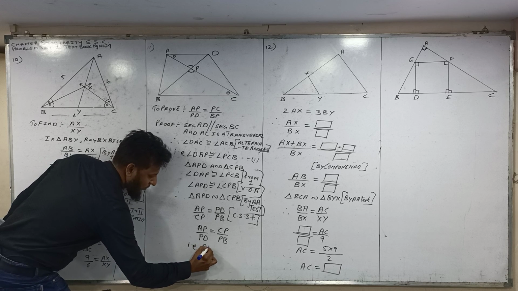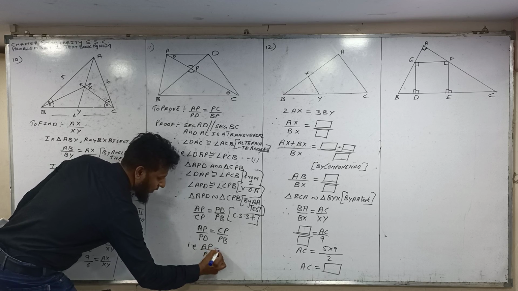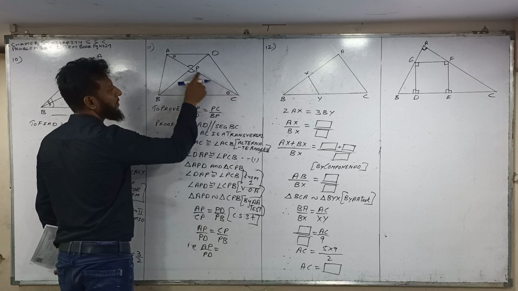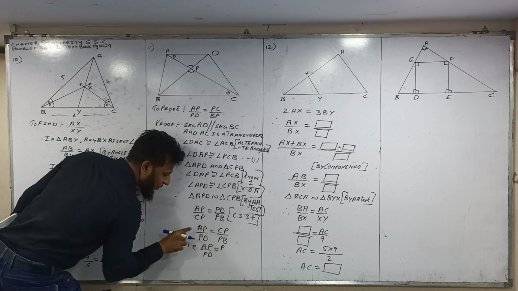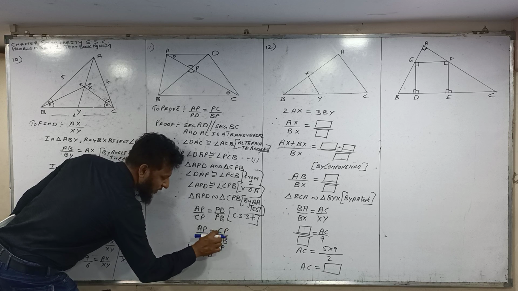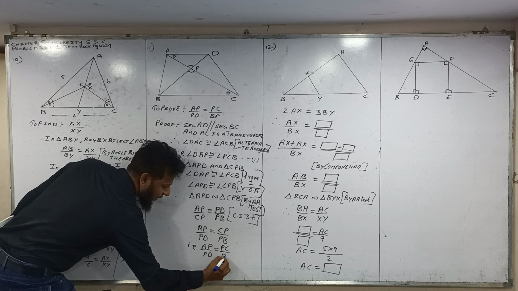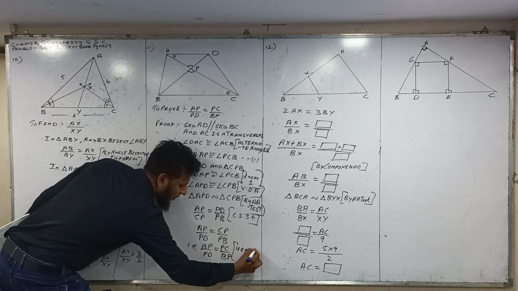Now AP upon PD is equal to PC upon BP. For CP and PC, the same segment, we can write PC, and this PB we can write BP. Same we have proved here, just arranging PC and BP. Hence proved.